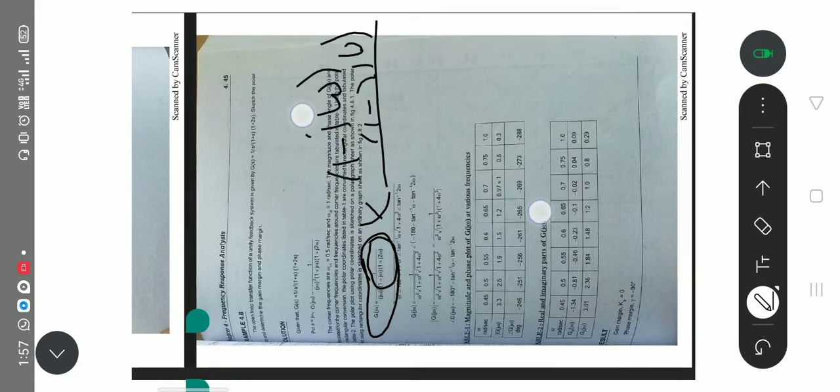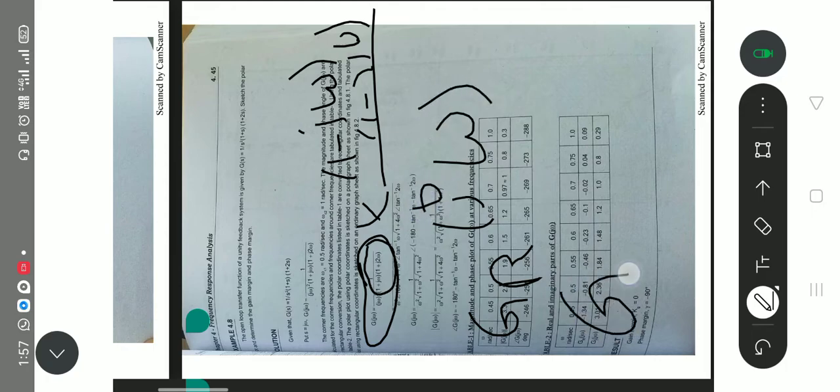The imaginary terms of these two, we can neglect the j omega square. The other part is 1 minus j omega into 1 minus 2 j omega. Multiply and divide this terminal. After simplification we take the real and imaginary parts separately. We take the real axis as Gr of j omega and the imaginary axis as Gi of j omega.